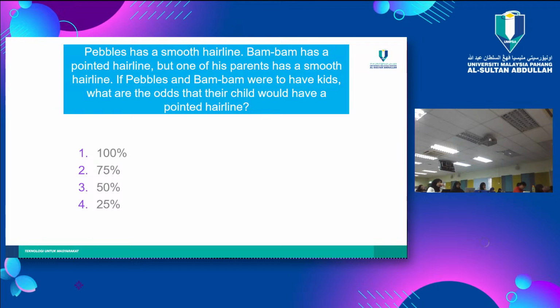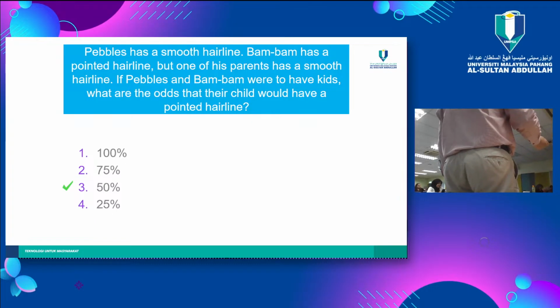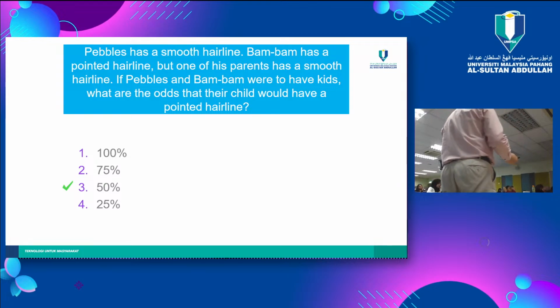Then what's the possibility? Then you're able to get this. So if it's 50%, that is because of the smooth hairline. In this question, you should have the dominant, and this is not dominant, it's recessive.